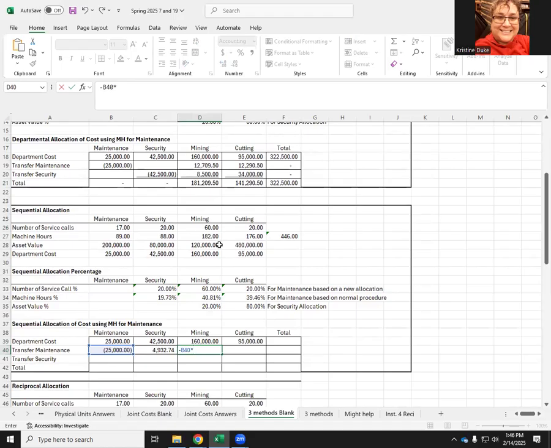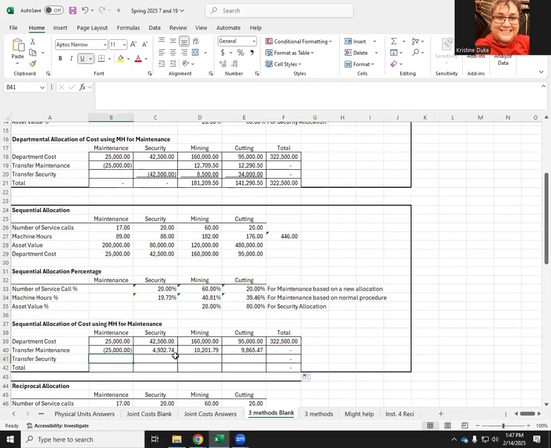This times this divided by this. And I think you know what, the service calls would look prettier. This times this divided by that. Okay, I'm going to go ahead and total these, make sure that everybody is nice and gorgeous and goes to balance. And you can see they do.